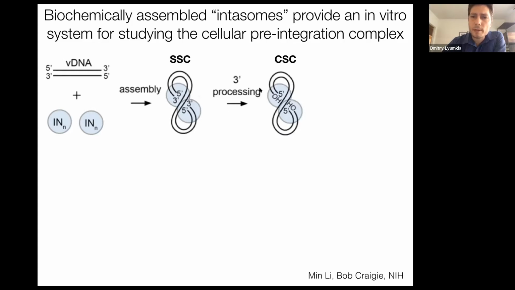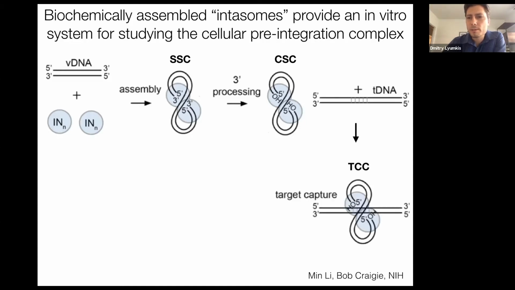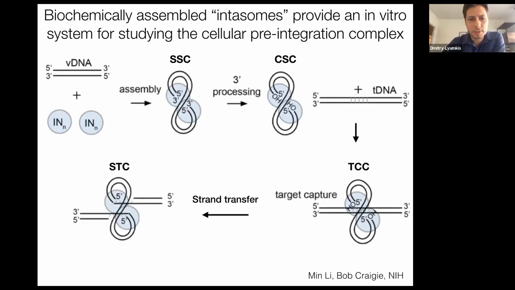Integrase will then cleave off two of the nucleotides from the 3' ends to form the cleaved synaptic complex. Then if you add more nucleotides, in this case target DNA, this cleaved synaptic complex will bind target DNA to form the target capture complex.